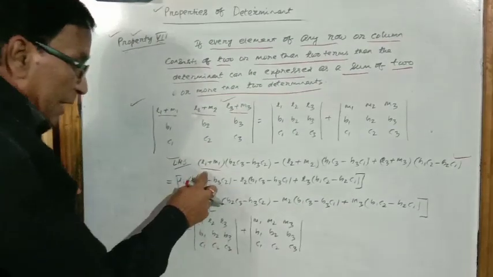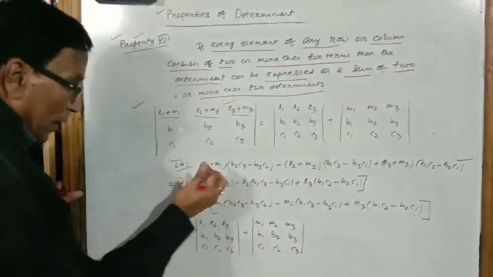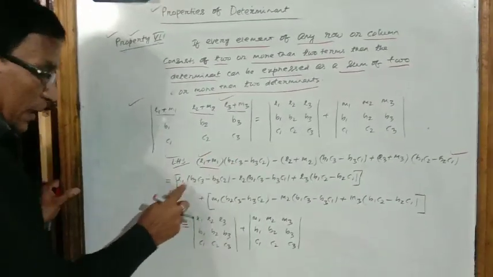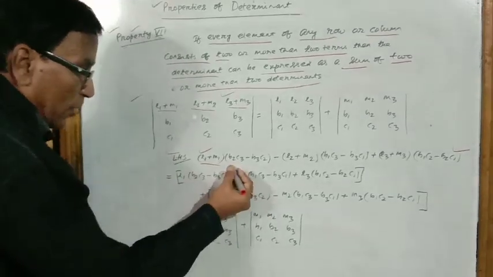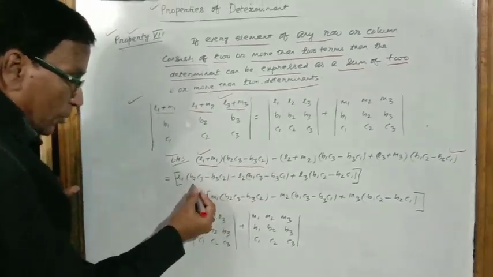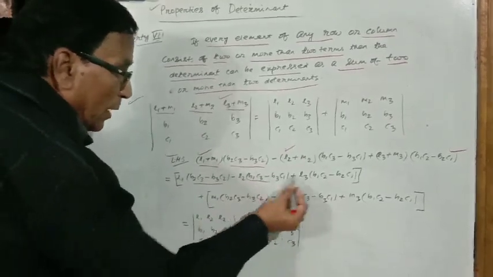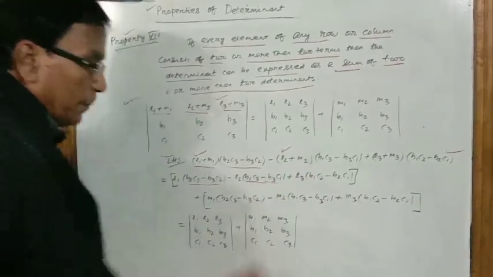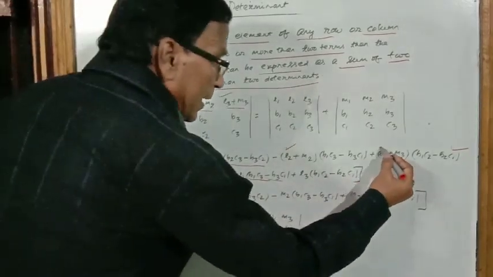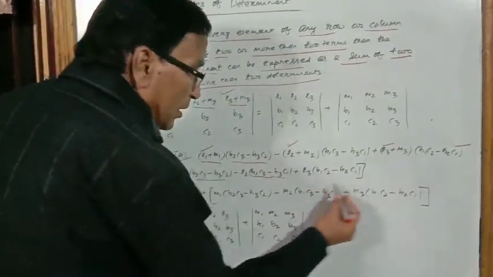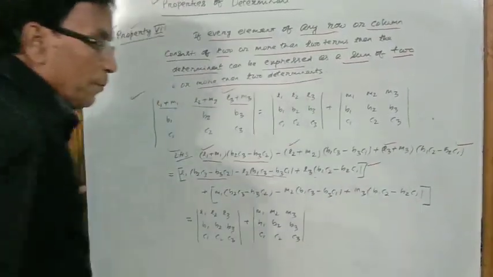Now again it is equal to, taking L common, L1 into B2C3 minus B3C2, minus L2 into B1C3 minus B3C1, plus L3 into B1C2 minus B2C1.